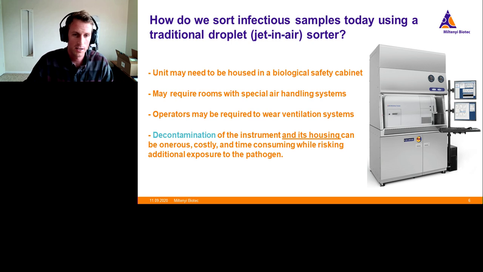So a jet and air sorter, very briefly, the way that it works is it pressurizes the cells in a device. That pressurization shoots the cells out of a nozzle into the air, at which point cells that have the desired phenotype have a charge applied to them, which allows a magnet to physically separate those cells in the air.